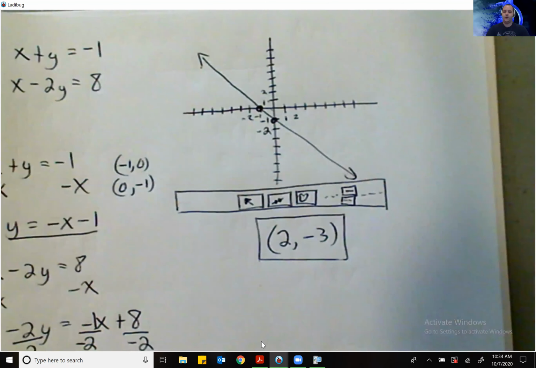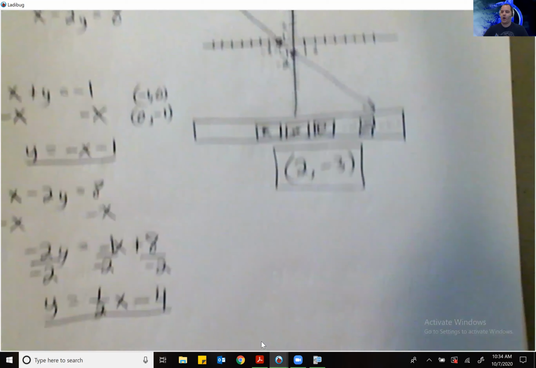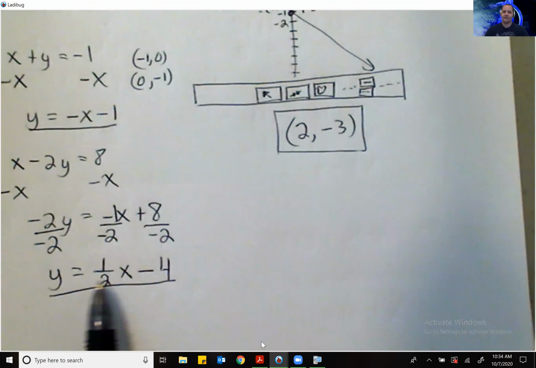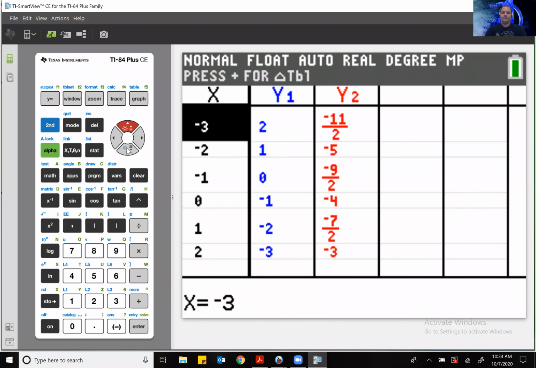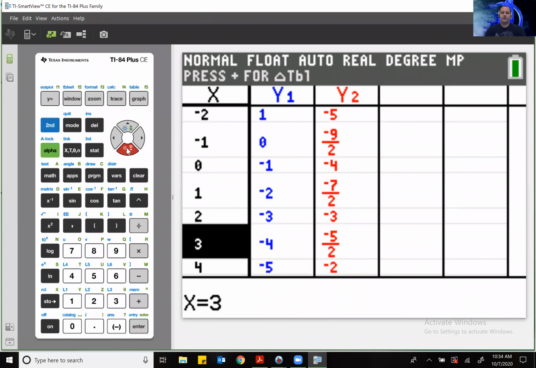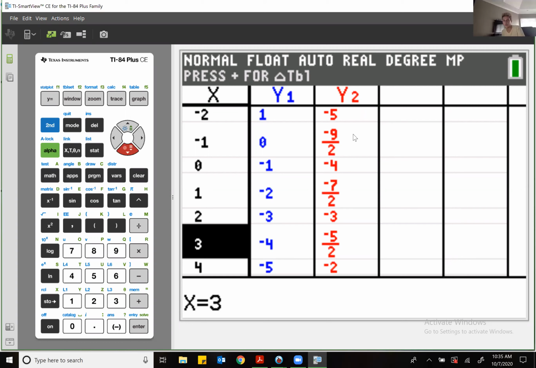All right, now let's go to our next line. Y equals 1/2 x minus 4. Give me 2 points for y equals 1/2 x minus 4. Now this is the x in the red column because that's the second equation. So give me 2 points. No, you're reading y and y.